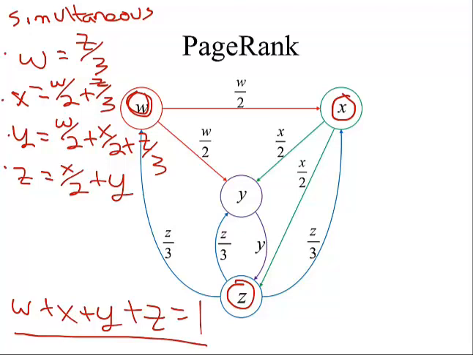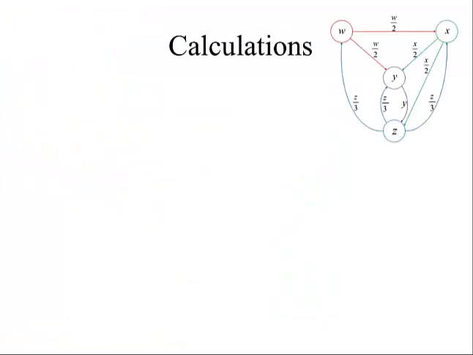So rather than working with each of these 4 equations, we can actually just work with 3 of them in this equation. And so the way that we want to actually go about solving this is in the least tedious manner possible. And so we'll try to be practical about the equations that we use. So the first thing we want to do is pick a variable that we're going to solve for first.